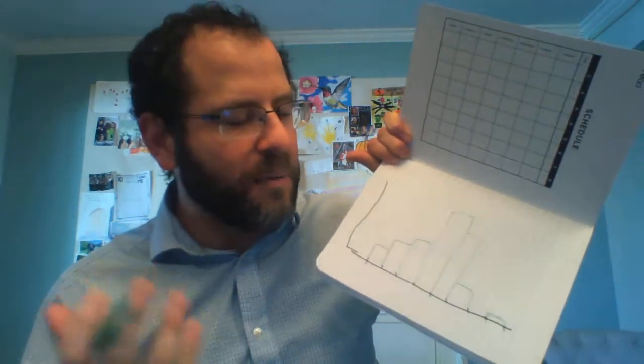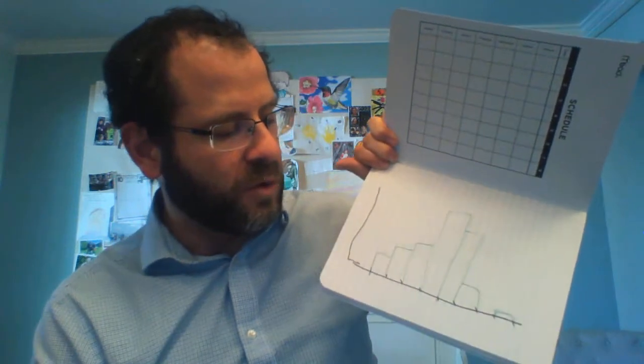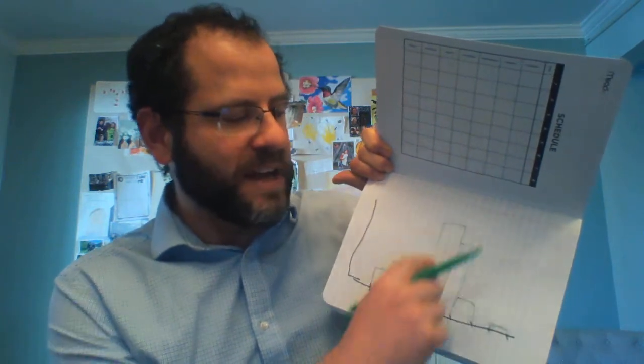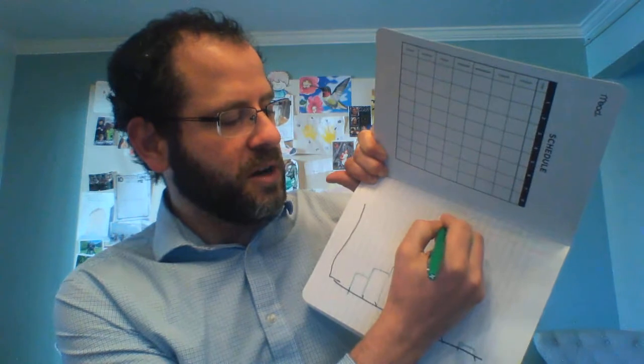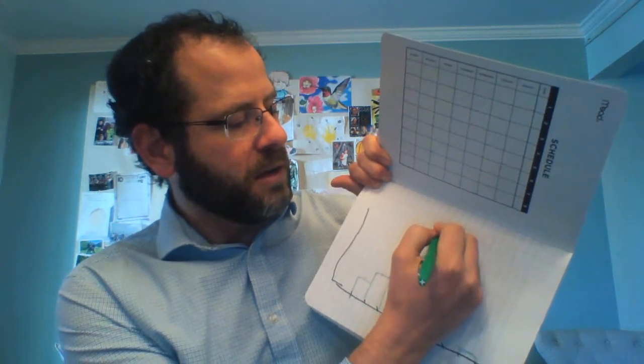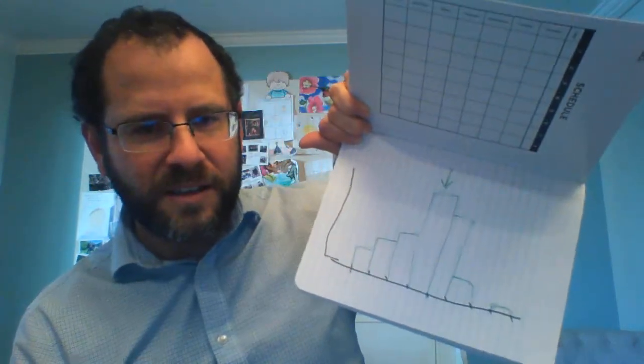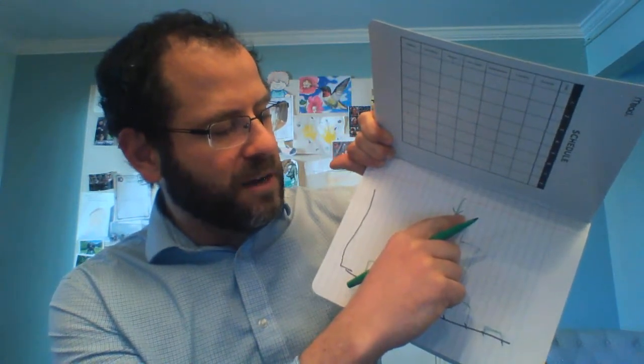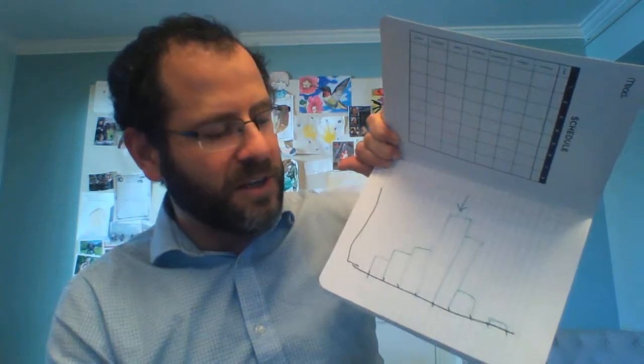What are the most common values, not specific values, but categories that have the most entries in them? And that's what's going to give us the highest bars in a histogram. And so here we clearly have a peak. Are there any other peaks on this? No, it's going up, it comes to the peak, and then it comes down. That is unimodal, one peak.